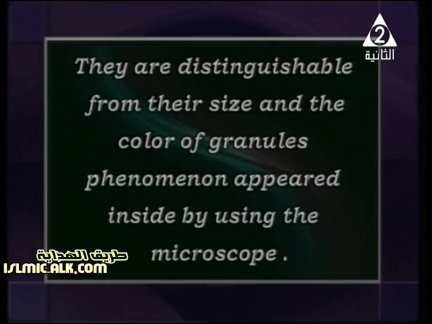They are distinguished, or differentiated, by their size, color, and granules, and we are going to see them right now. They appear by using the microscope. We cannot observe them with just a light microscope.